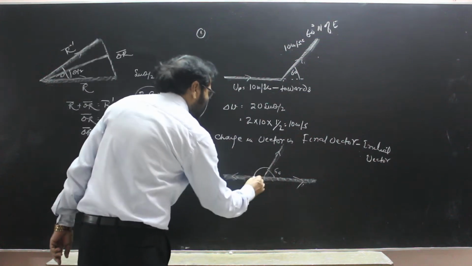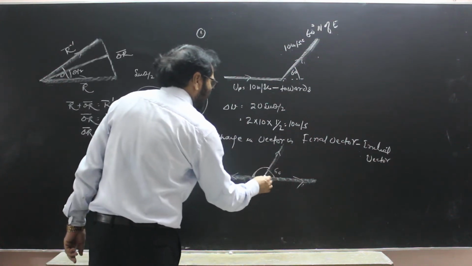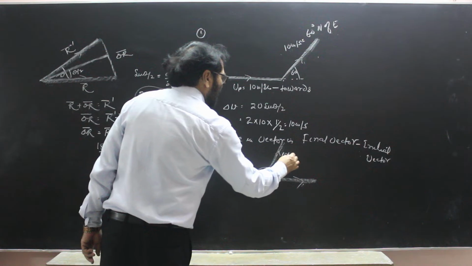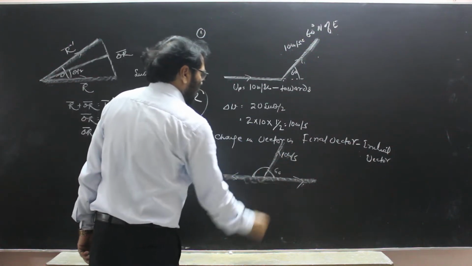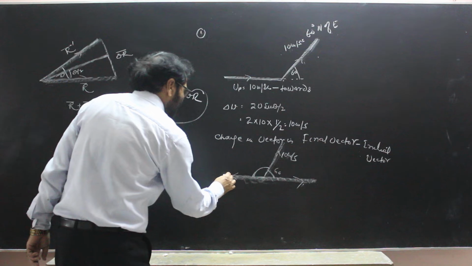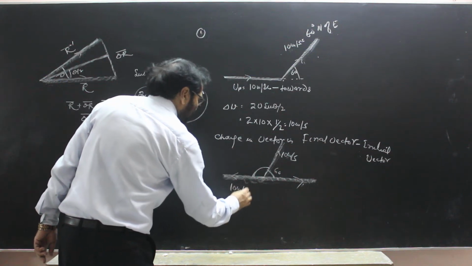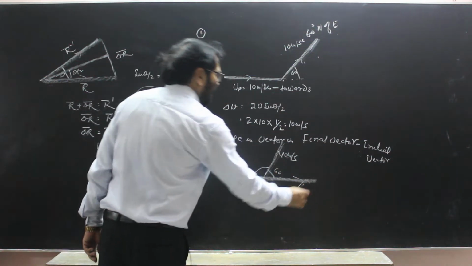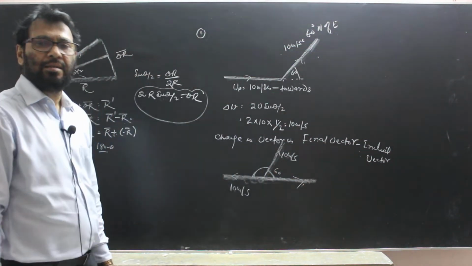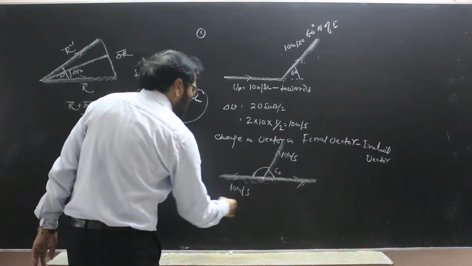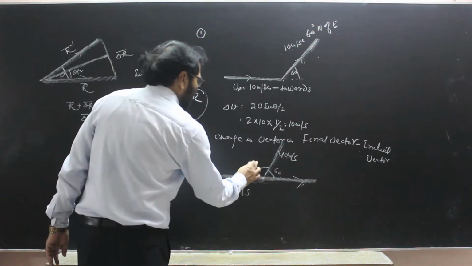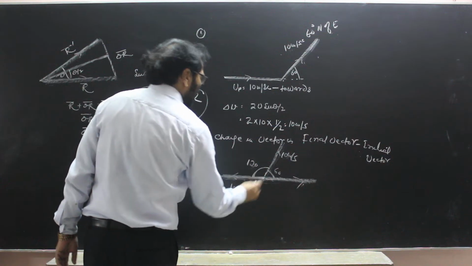and the change is the resultant of this 10 meter per second, 60 degree north of east, and this 10 meter per second. Now the initial was 10 meter per second towards east. The negative of initial is 10 meter per second towards west. So it is 120.